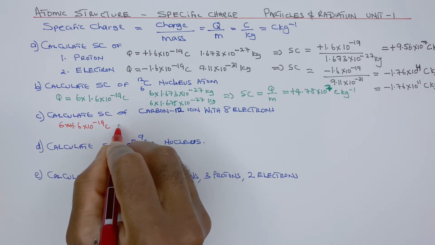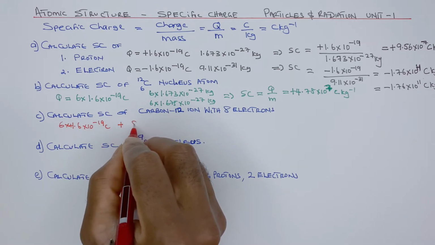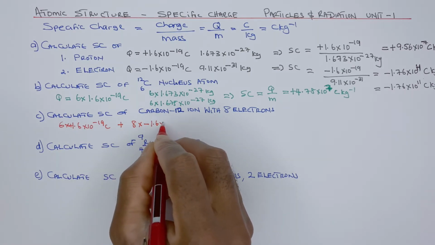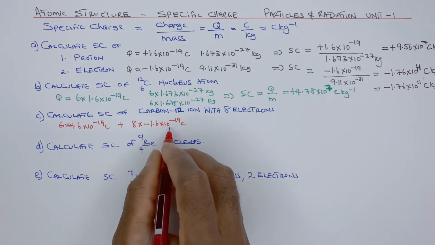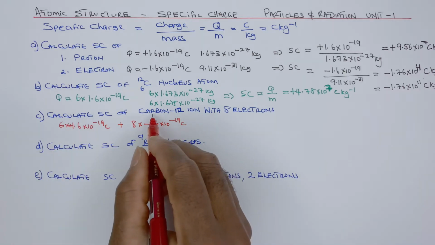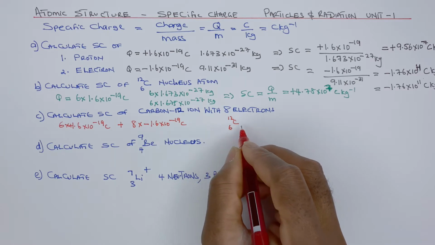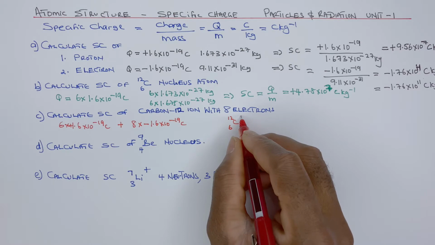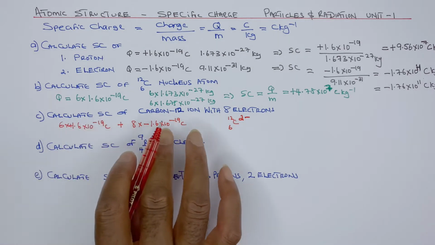And then we need to add that to the charge of the electrons, which is 8 times minus 1.6 times 10 to the power minus 19 coulombs, because there are 8 of them. There are 6 protons, because it's carbon 12, so carbon 12 will be 12 and 6. Because it's got 8 electrons and 6 protons, the charge will be 2 minus, and you can see that those will cancel each other out.